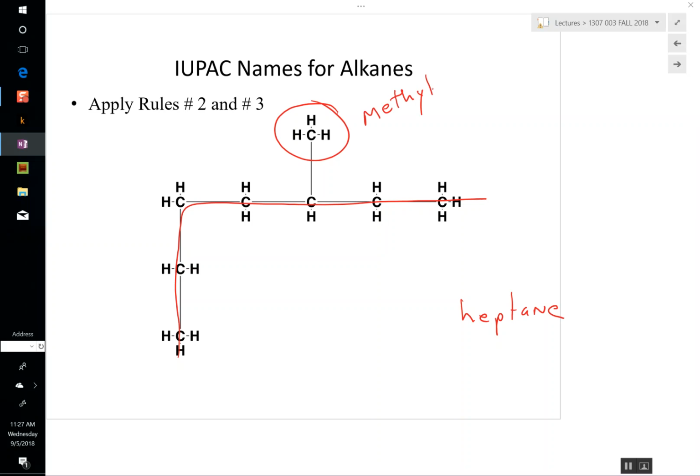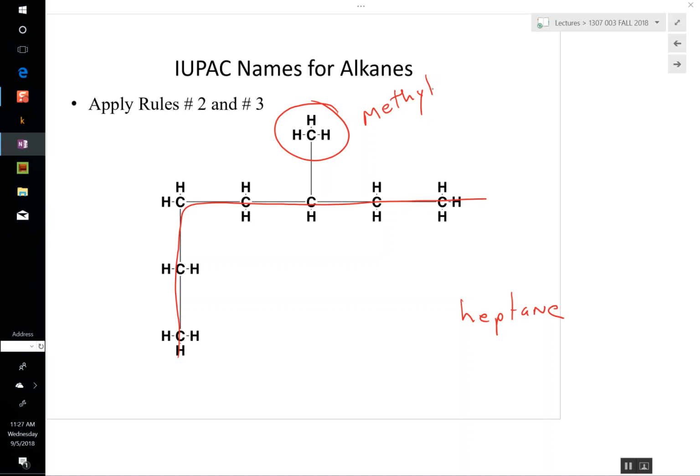Now, where is carbon number 1? There's 2 ends to this molecule, this end and that end. On the right is carbon number 1. Why? Because 1, 2, 3, I get to this by carbon number 3.